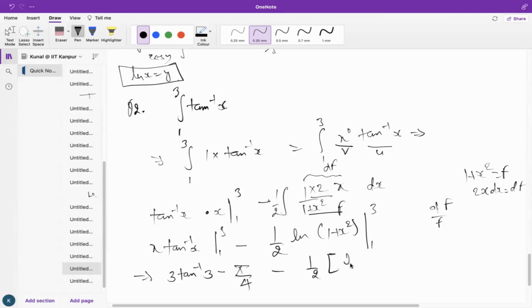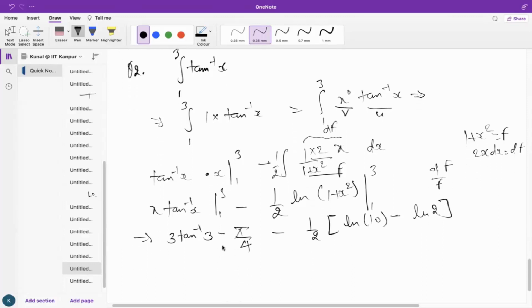Insert the upper limit first. So we get 3 square, 9 plus 1, 10, ln 10. And then insert the lower limit, which is ln of 1 square plus 1, so it will be ln 2. So we get the final result as 3 tan inverse of 3 minus pi by 4 minus 1 by 2.